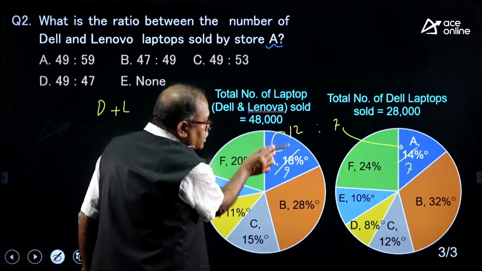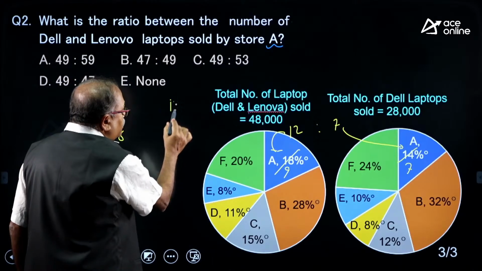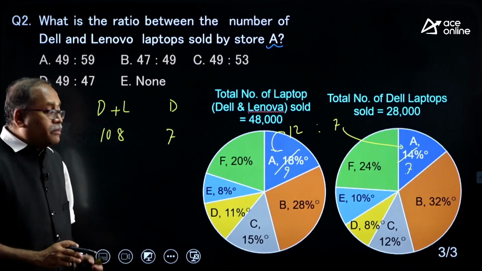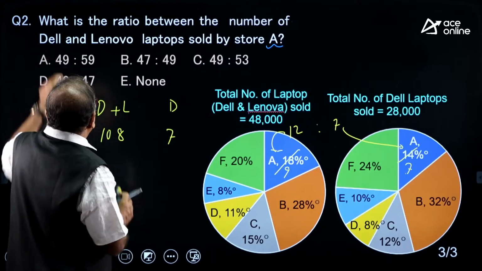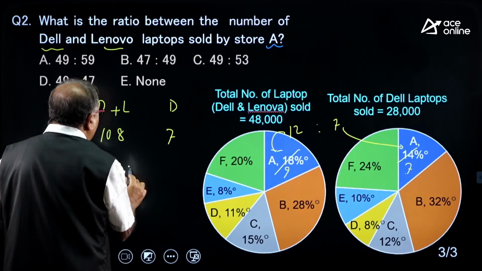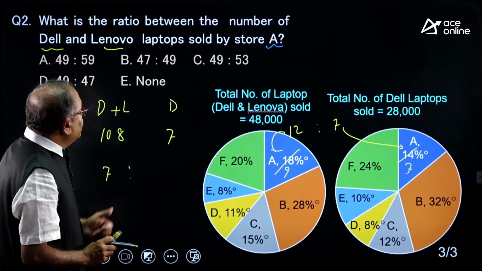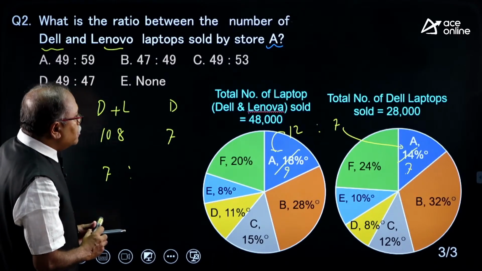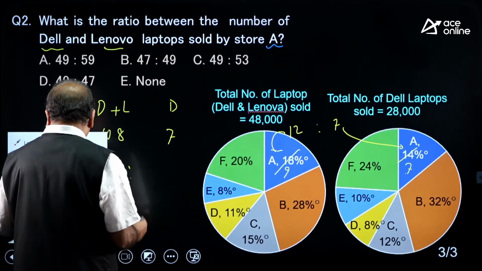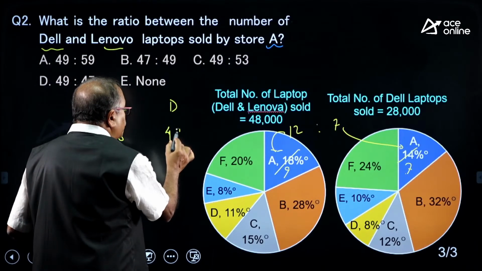You notice that here the total is 108 and only Dell is 7. But my requirement is Dell to Lenovo. So, I know that Dell is 7, but what about Lenovo? The Lenovo will be 108 minus 7... 7 into 7 is 49. I missed that part. So, it should be 49. Let me write down, this is 49.